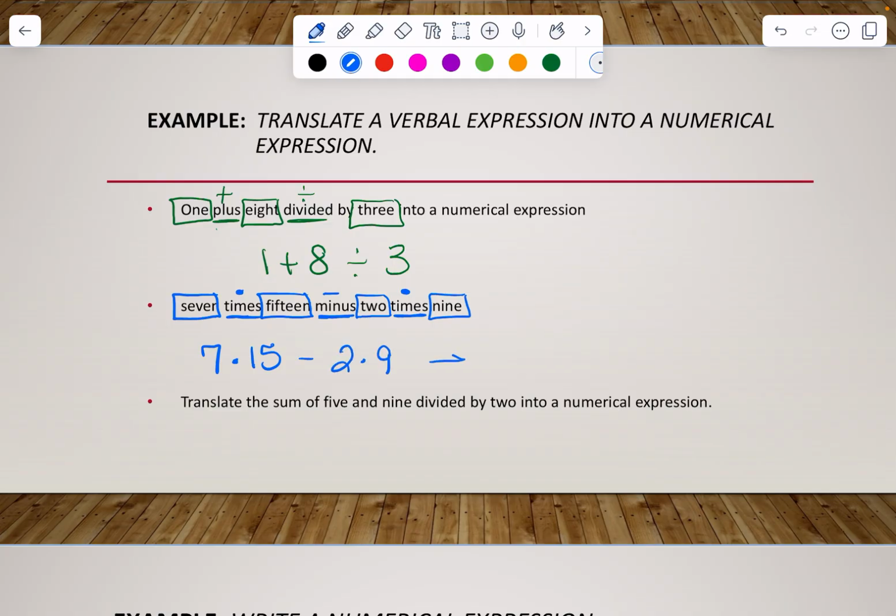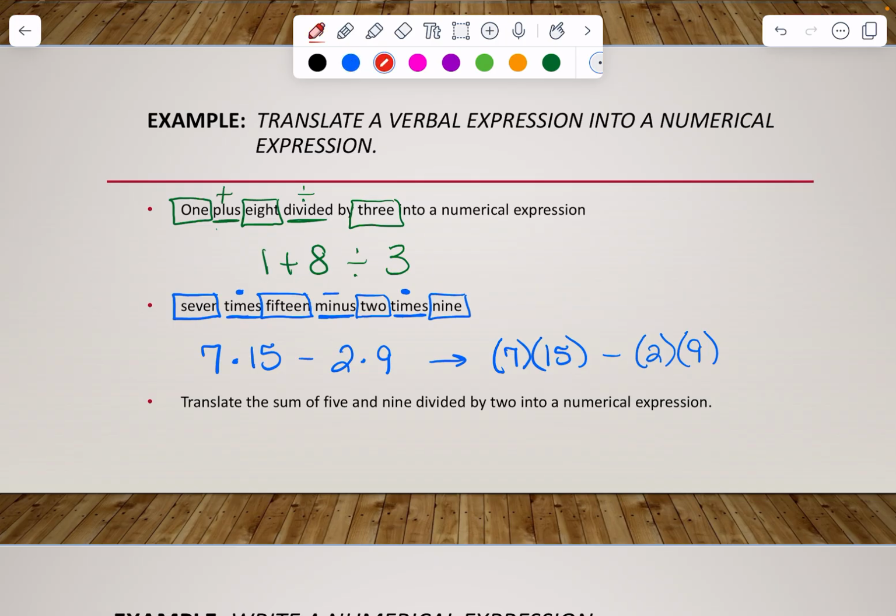Another way you could write this, and I just want you to see this, is start getting used to seeing things written in parentheses, because we write them in parentheses a lot. Now, one thing you don't see me using is the X to mean multiplication. The reason we don't do that is because we start using X here real soon.